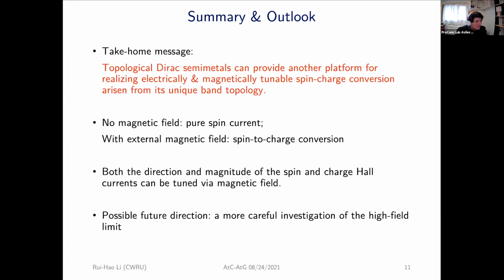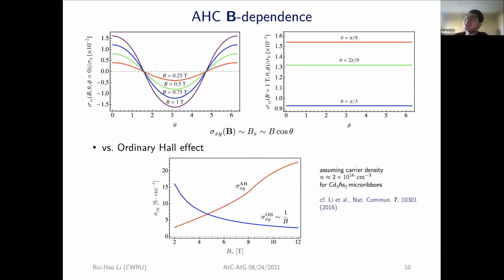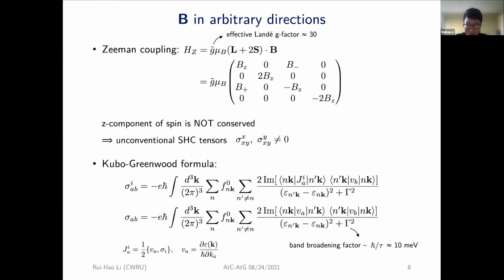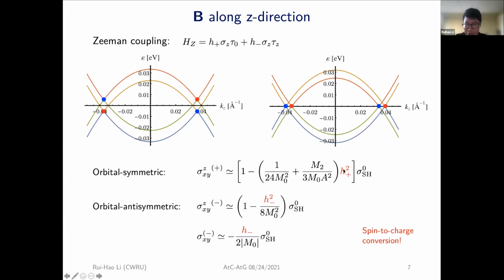Actually, the definition of high field depends on whether you're talking about the spin Hall or anomalous Hall, as we can see from this expression here. It crucially depends on the ratio between the Zeeman splitting and m naught, which is a parameter factor, or in this case there are also more parameter factors here.